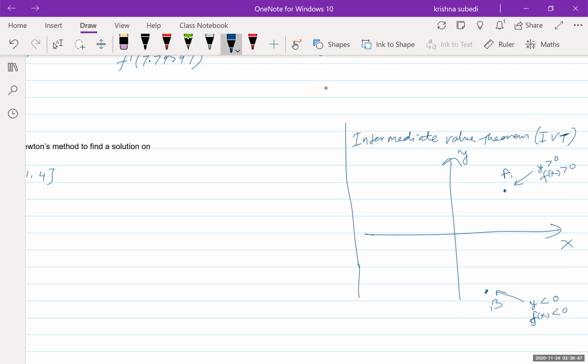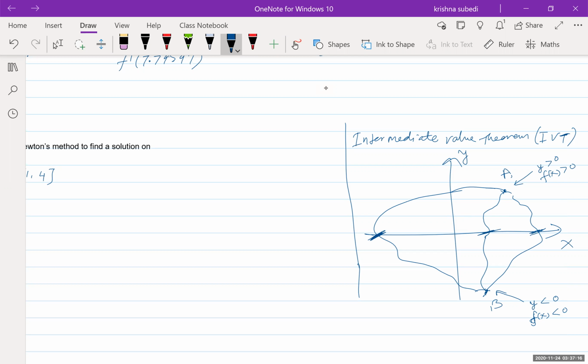Now, the intermediate value theorem tells us that if you want to join these two points, if you draw a curve, it doesn't matter how you draw it, you can go all the way there, or you can go all the way there. No matter how you try to go, if the function is continuous, then it must cross the x-axis. And the crossing point we call a solution, a root, a zero.